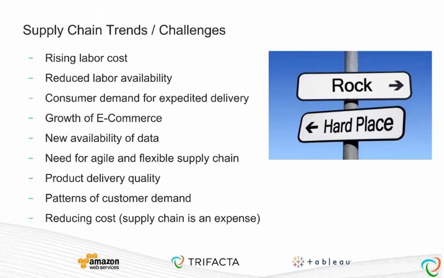Consumer demand for expedited delivery, a lot of people call it the Amazon effect, is people want things within 1 to 2 days when it's ordered. And overall that leads into the growth of e-commerce.